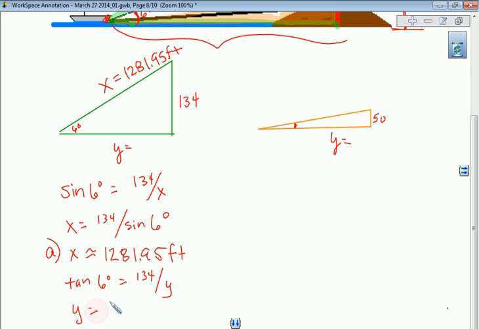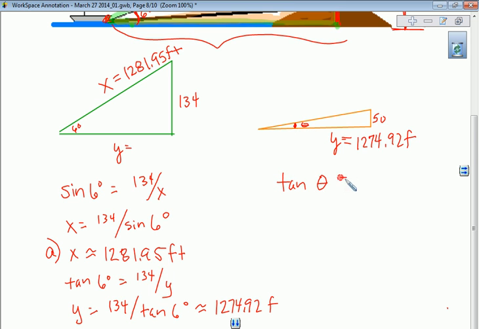So y is equal to 134 divided by tangent of 6 degrees, and that is approximately 1,274.92 feet. So we know that this is approximately 1,074.92 feet. Now we can find this angle theta, and we'll say tangent of theta is equal to opposite over adjacent.